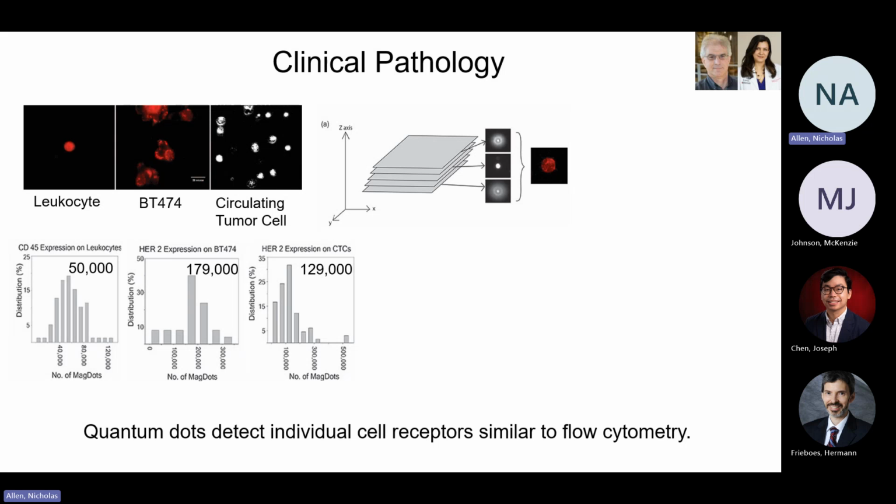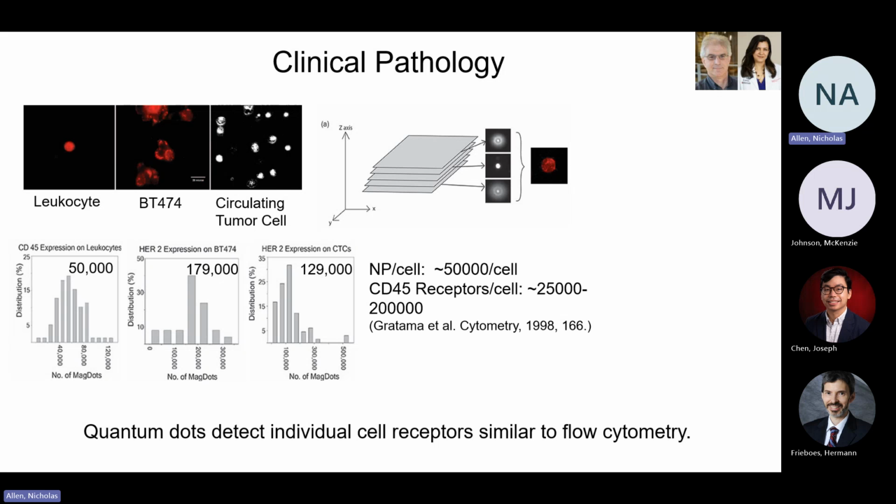For CD45, we were able to get a nice histogram. Then we did HER2, and then HER2 on the cancer patient cells. For CD45, we were able to compare to the literature. We found about 50,000, and the reported value from flow varies from 25,000 to 200,000, by cell. So this histogram reflects this data well.